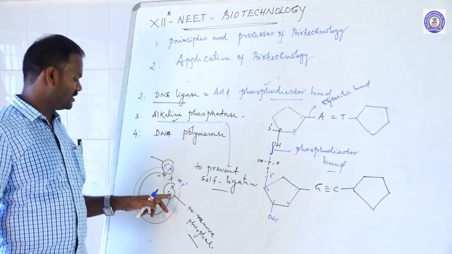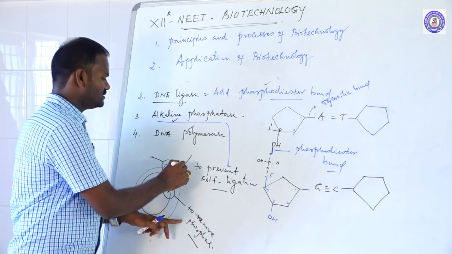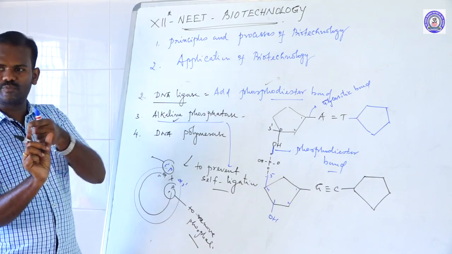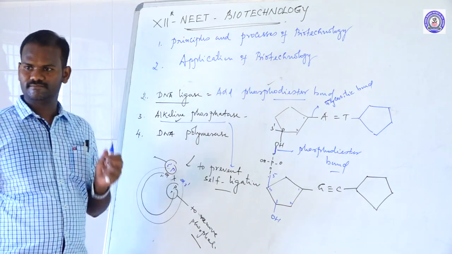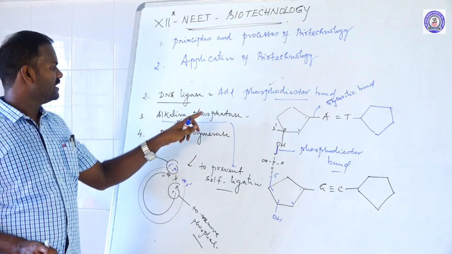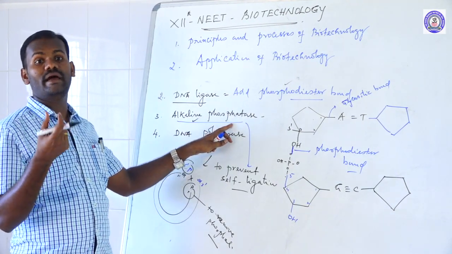If you add alkaline phosphatase, the phosphate groups are removed. When you add the foreign DNA molecule, which contains one end with an OH group and another with a phosphate group, they easily get ligated. So what is the major function of alkaline phosphatase? To remove the phosphate group. It is initially obtained from calf intestines and certain bacteria.